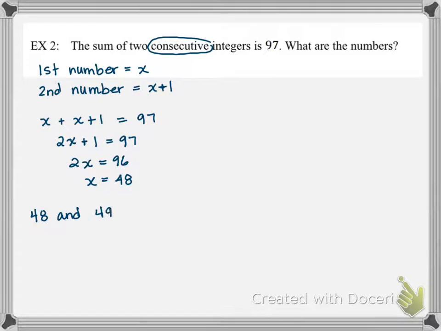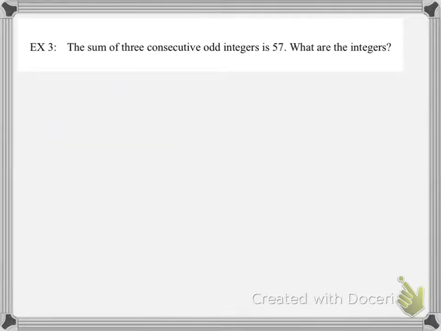You don't even have to write "the 2 numbers are." You can just write the 2 numbers. Those are my 2 favorite numbers. So far, so good? Okay, you guys try this one.